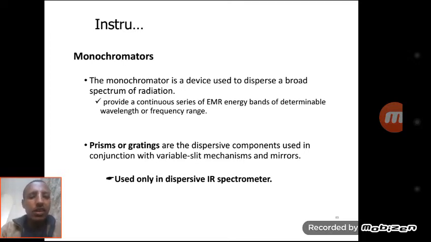There are different monochromators used in IR spectroscopy. From these, a prism or grating is used as the dispersive component in conjunction with a variable slit mechanism and mirrors.